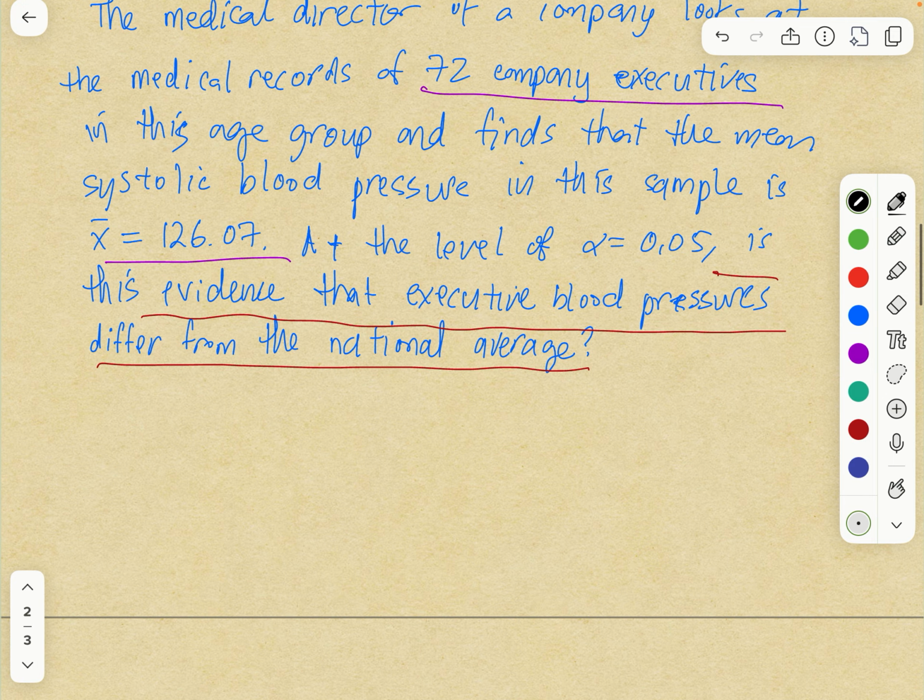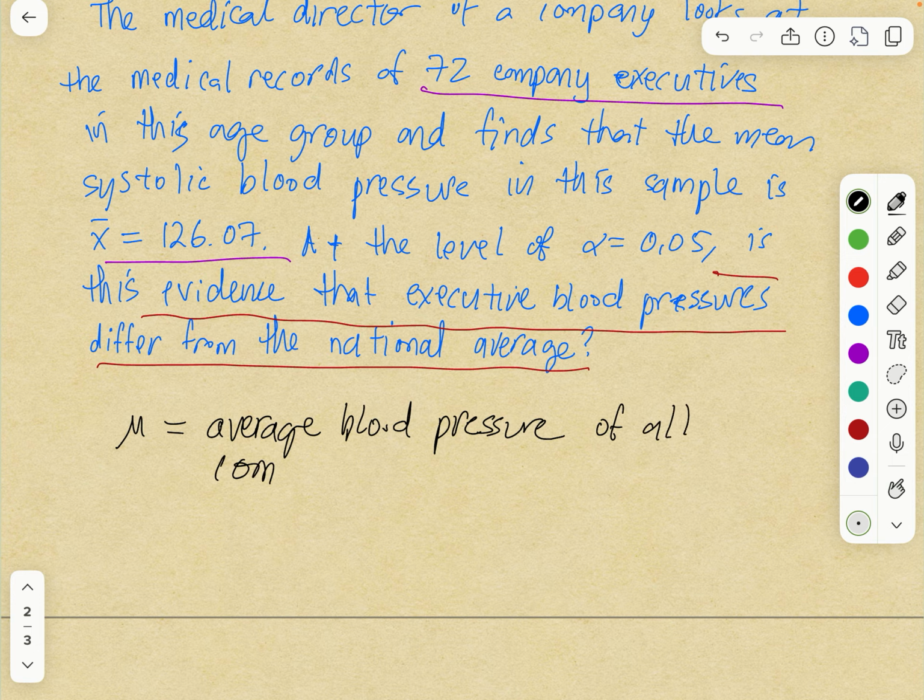So first, let's make mu the average blood pressure of all company executives, and it's actually company executives in this age group.